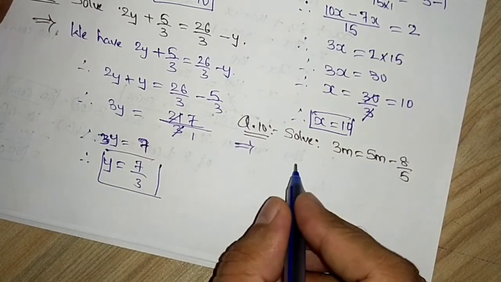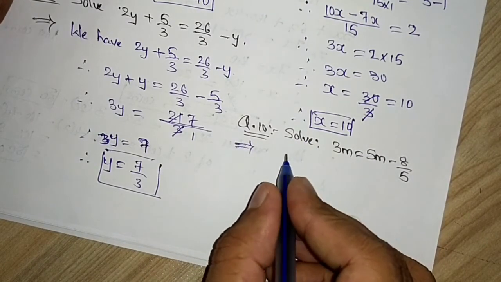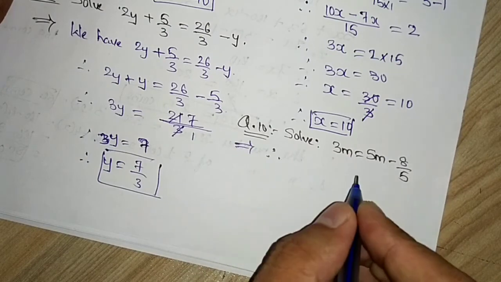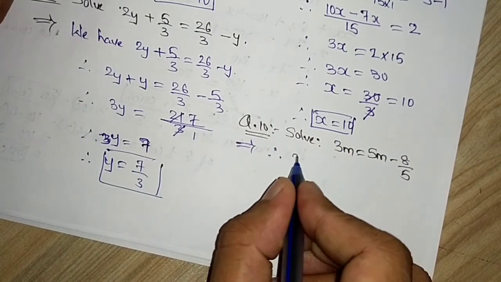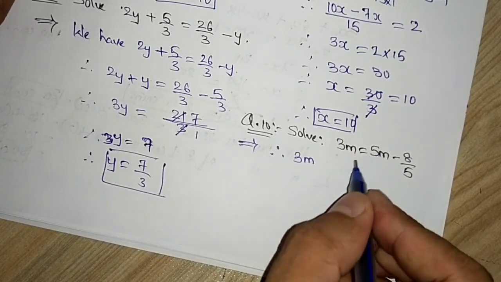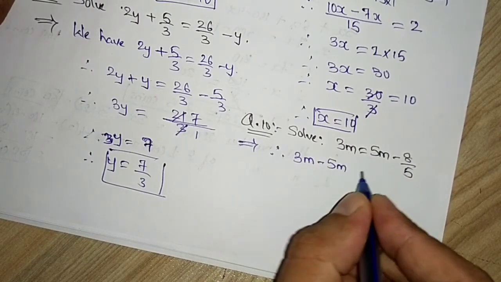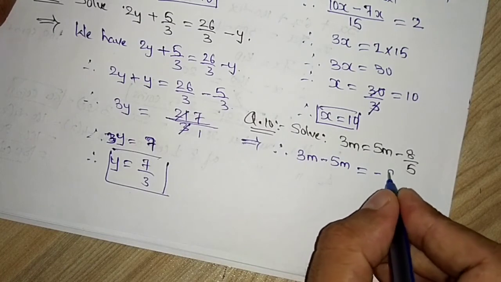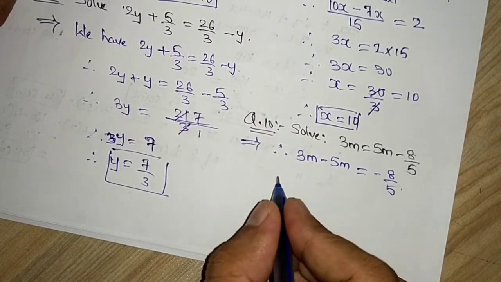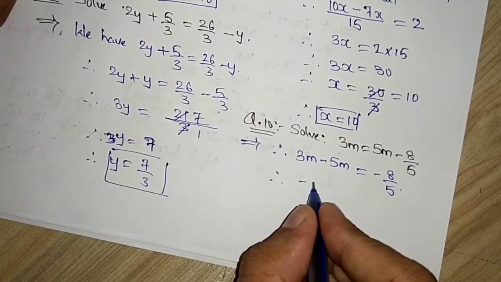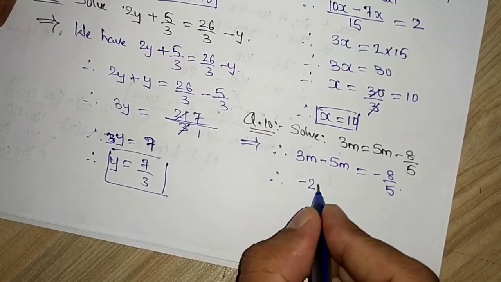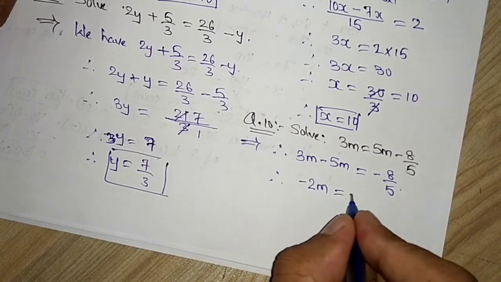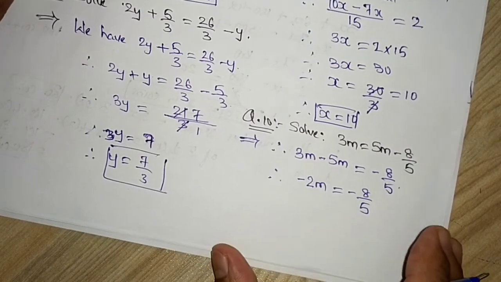Here I will not write every step, I will solve directly because of the space. 3m will remain here only, because variables we will take to the LHS. So plus 5m will become minus 5m, is equal to minus 8 by 5. Therefore 3m minus 5m will become minus 2m is equal to minus 8 by 5.